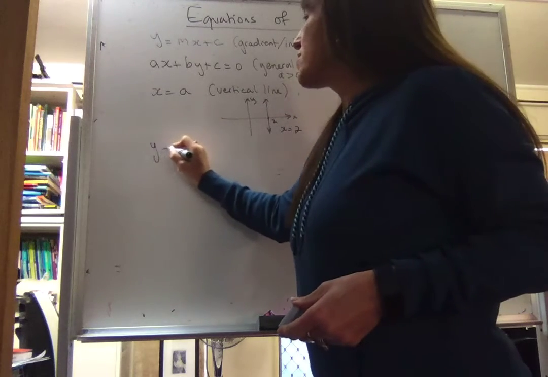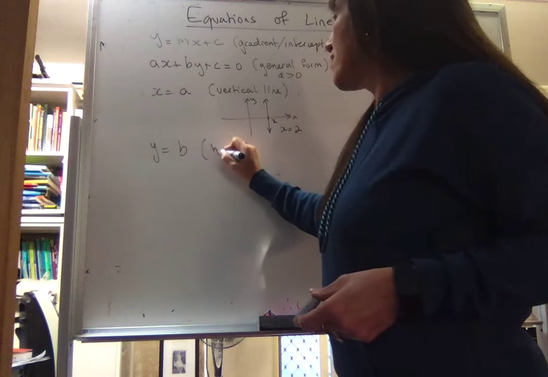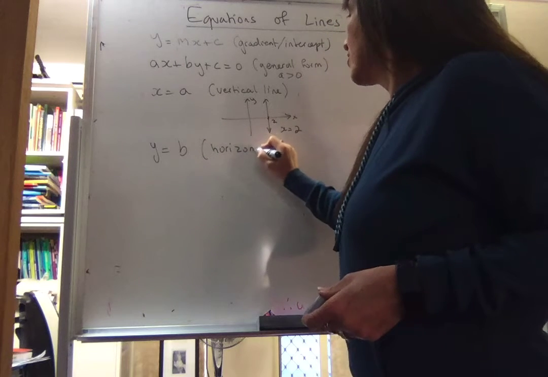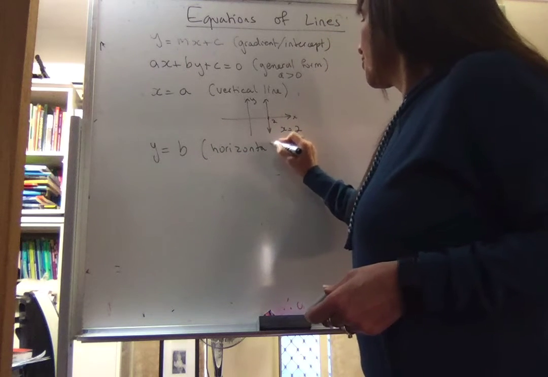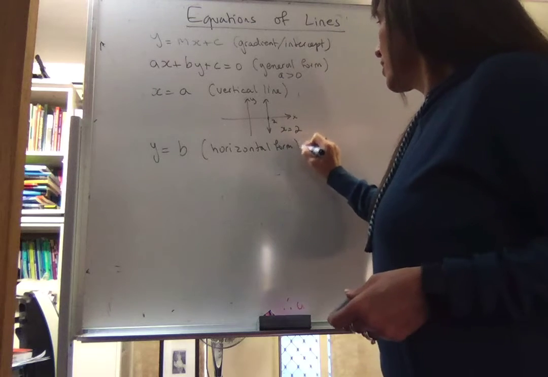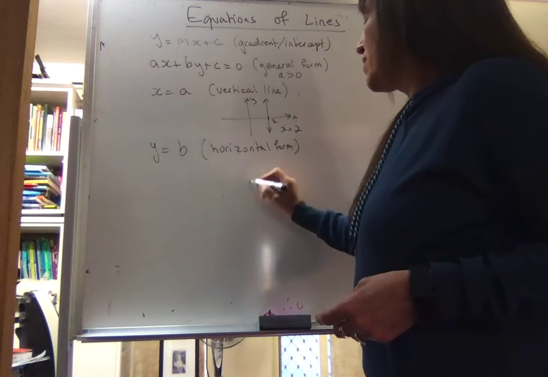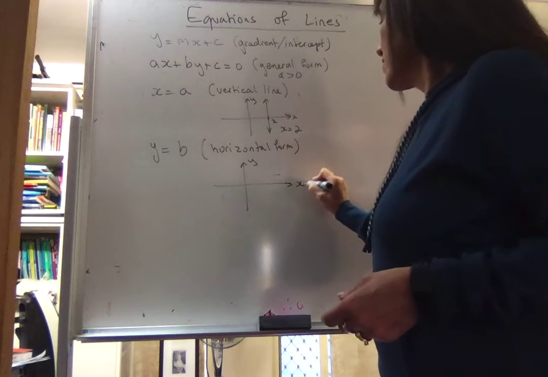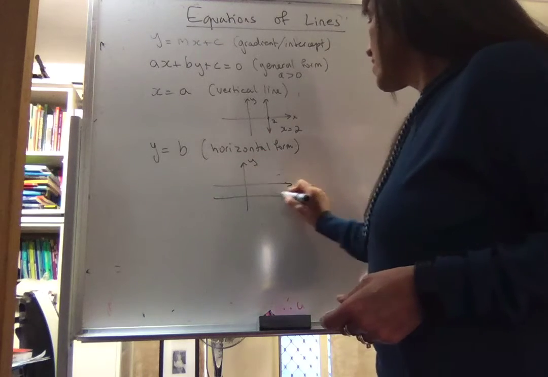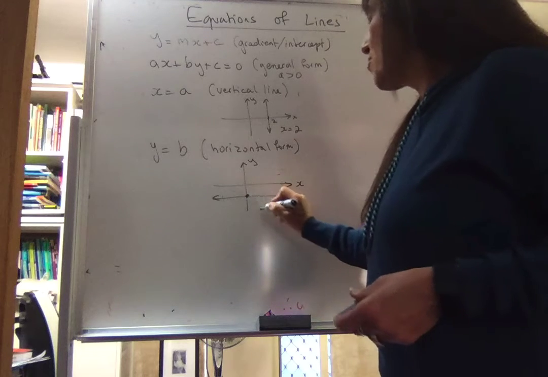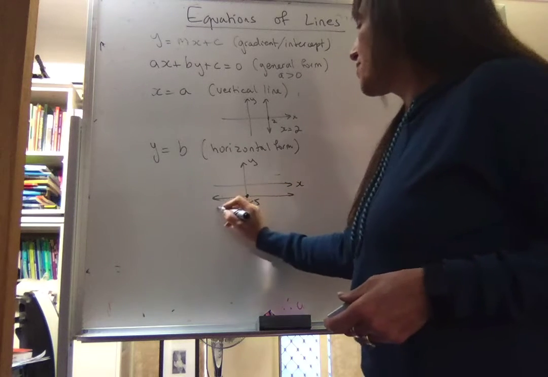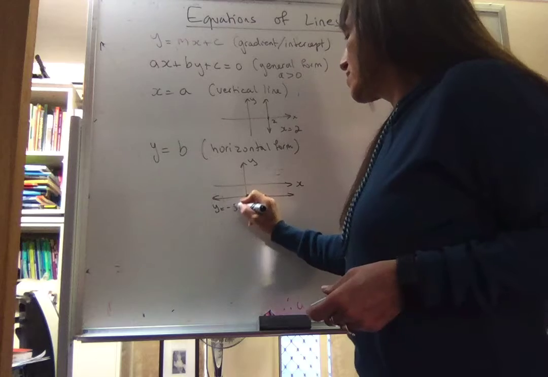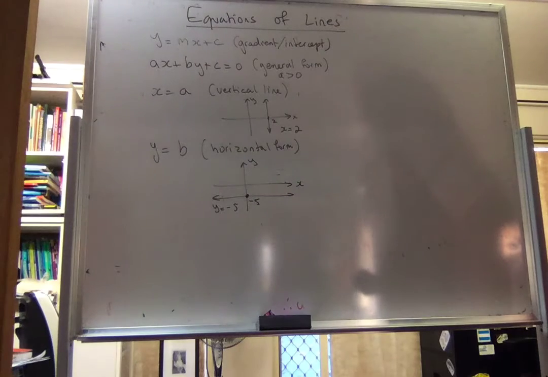And what's next then? y equals b is the horizontal form. Okay, and that means that the line, of course, is parallel to the x-axis. So if I draw a line down here and it cuts the y-axis at -5, then the equation of this line is y equals -5.